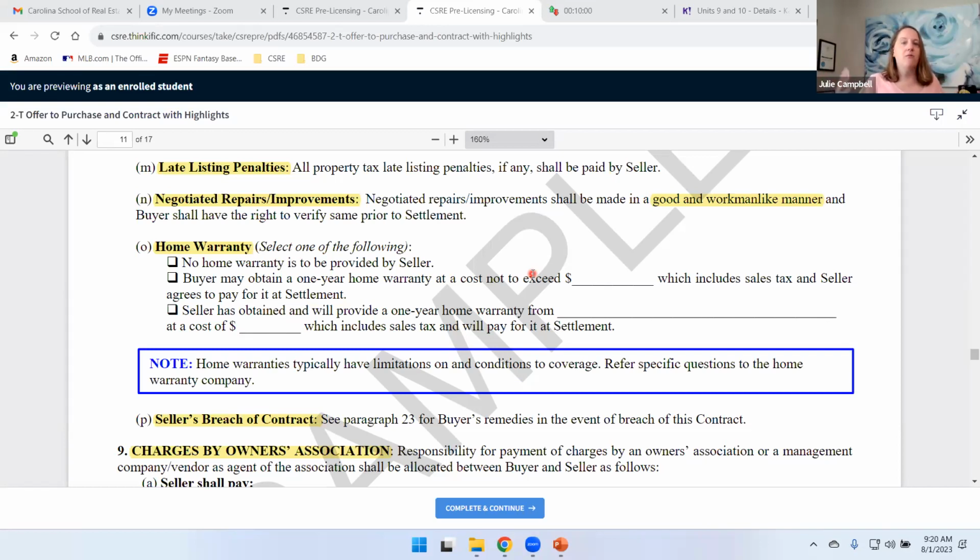But probably what we're amending is agreed upon repairs, or reducing the purchase price in lieu of repairs, right? There are many options here, and again, it's whatever the parties agree to. So we wouldn't be amending the whole thing in that example. It would just be that one piece, repairs or purchase price. Good questions.